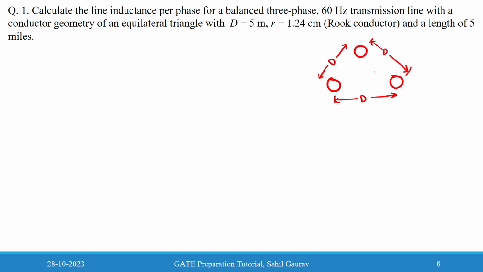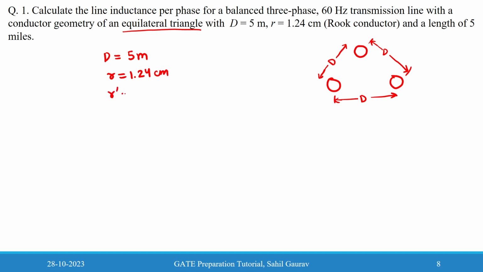These are symmetrically spaced with each other, given the equilateral triangle. So what are the things given? All the conductors of a three-phase system are displaced from each other at a distance of 5 meter, and the radius is given as 1.24 centimeter. So we need to find r dash, that is the effective radius.